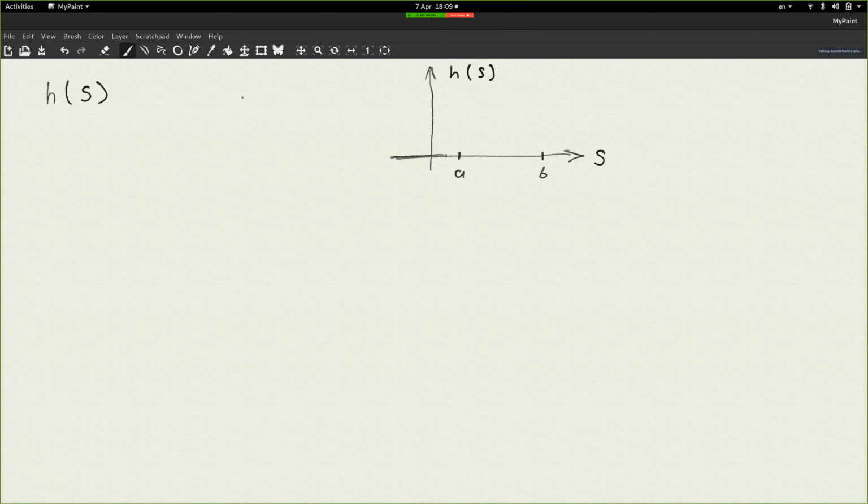Outside AB, this function is 0, that is, 0 if s does not belong to the interval from A to B. Within this interval, the function will be positive.